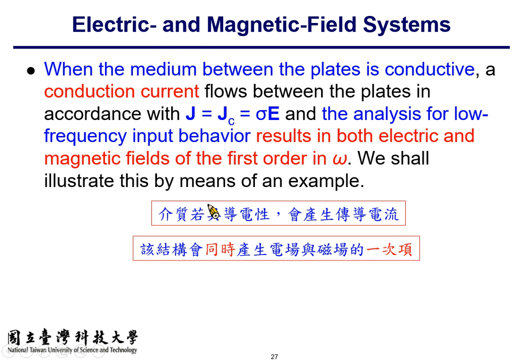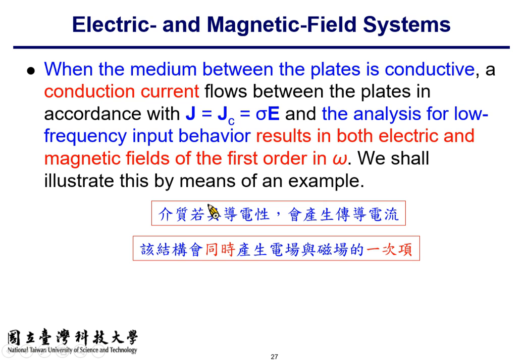On the other hand, for the same capacitive structure, if the dielectric slab between the two parallel plates is a little bit conductive, if the conductivity of the dielectric between the two plates is non-zero, then it shall produce conducting current, which makes this problem a little bit more complicated.